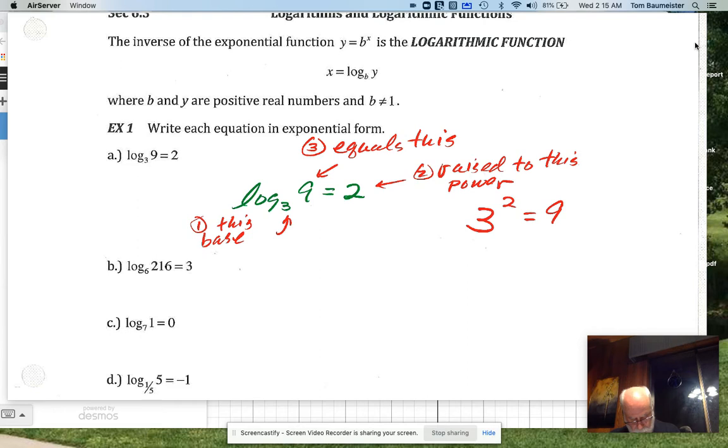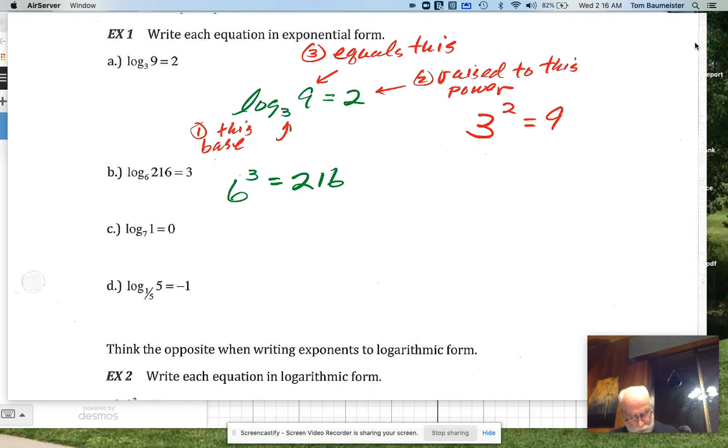So we're going to do the same thing with the other ones there. Again, log to the base 6 of 216 is equal to 3. Again, think this base, 6, raised to this power, 3, is equal to 216. This base, 7, raised to this power, 0, is equal to 1. So 7 raised to the 0 power.